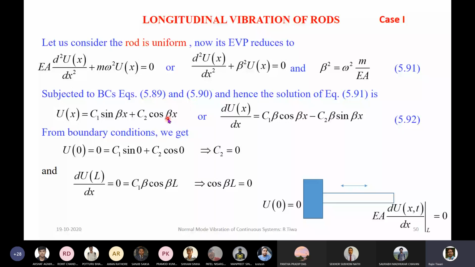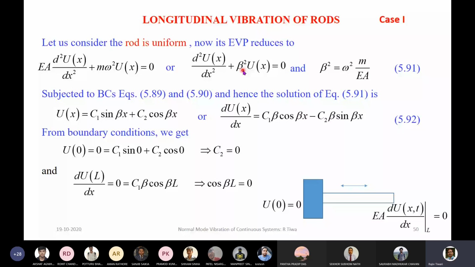In fact, if you compare this equation with the previous string problem, they're identical. Only the variables are different. Here it was y, and beta was defined differently in terms of tension and the other quantity, but here it is defined like this.